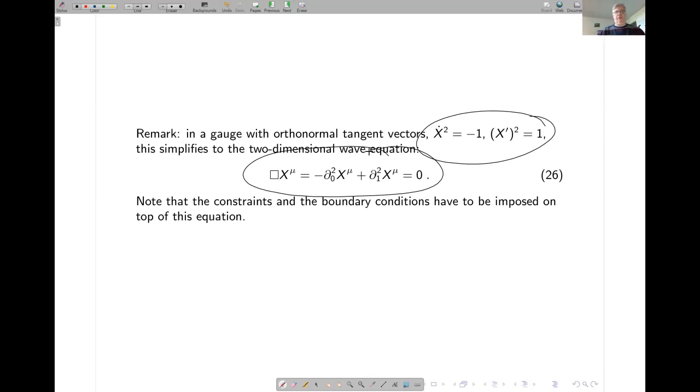Not all solutions of the wave equation will correspond to physical configurations of strings, because, as we have seen, we need to impose in addition boundary conditions, and we have to find a way of imposing our constraints too.